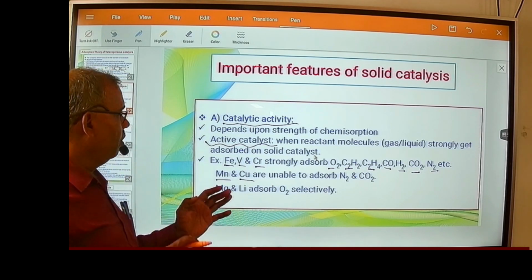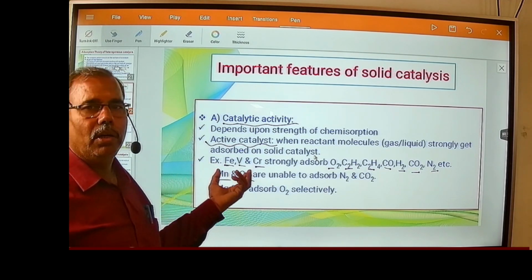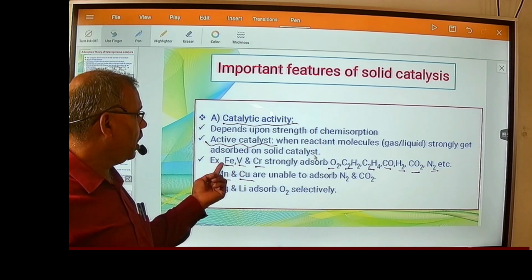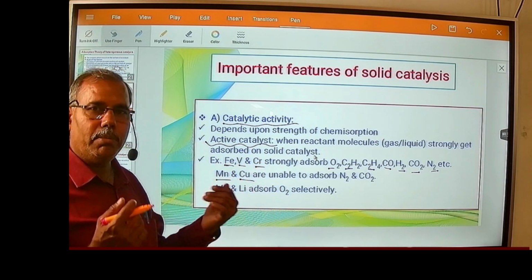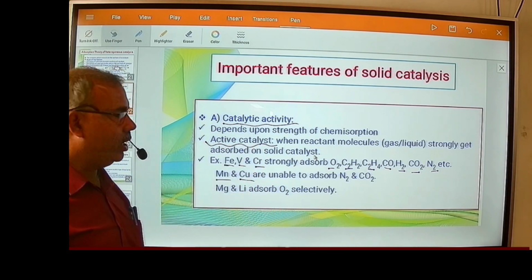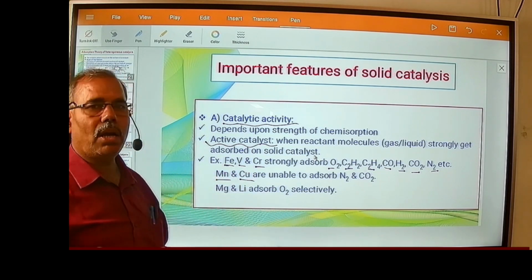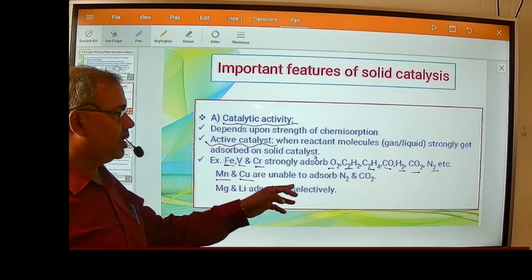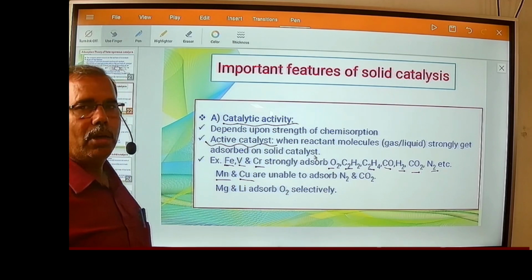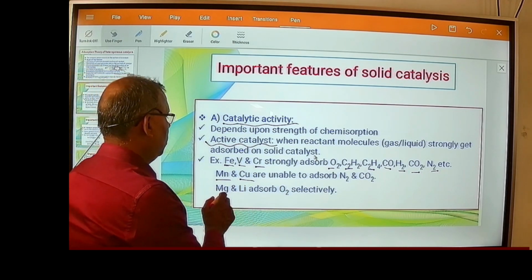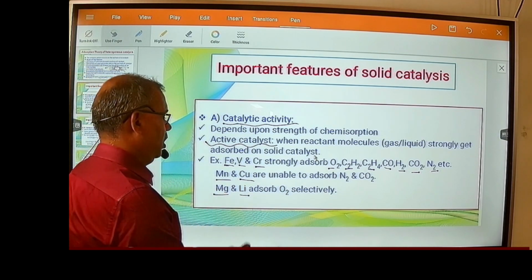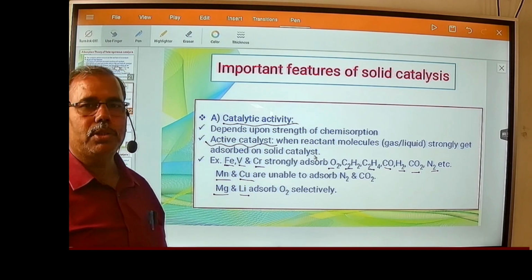Then manganese and copper, they are unable to adsorb nitrogen gas and carbon dioxide gas. So here we see the difference in between different metals. Iron, vanadium, chromium, they are able to adsorb these gases strongly, whereas manganese and copper are not able to adsorb dinitrogen and carbon dioxide gas. The metals magnesium and lithium, they adsorb oxygen selectively.